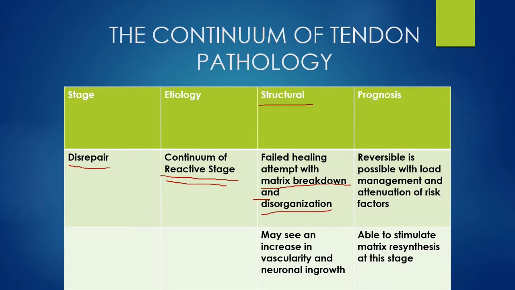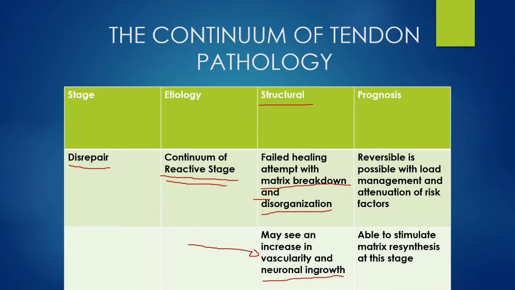So again, the point is that early degenerative changes of tendon take place in the collagen and extracellular matrix. At this stage, we may see an increase in vascularity and neuronal ingrowth, and this contributes to thickening and painful nature of the tendon at this stage.